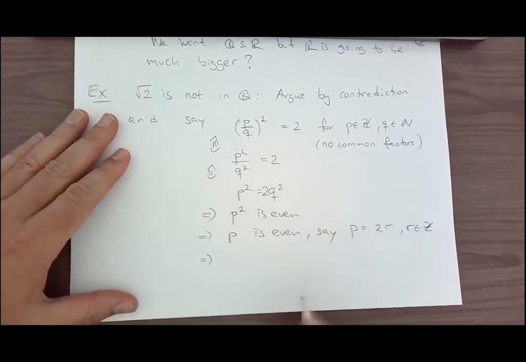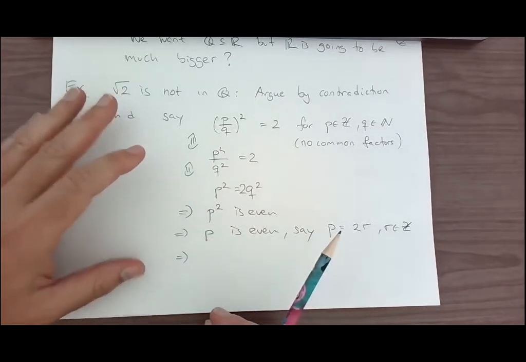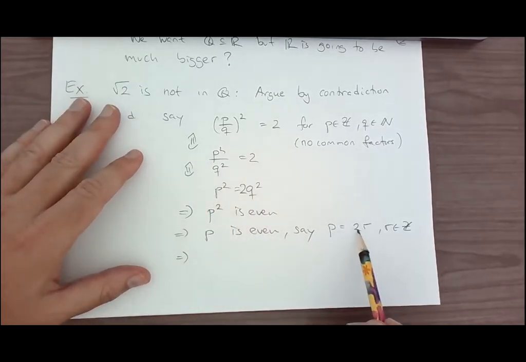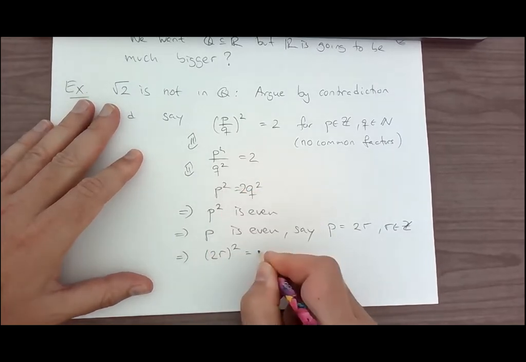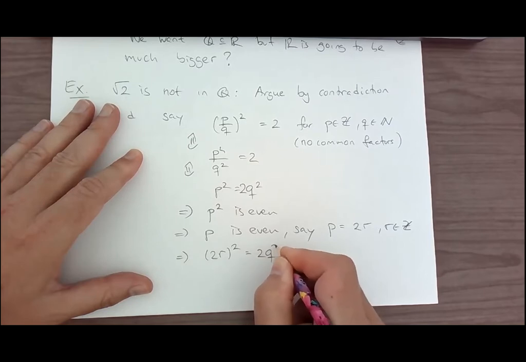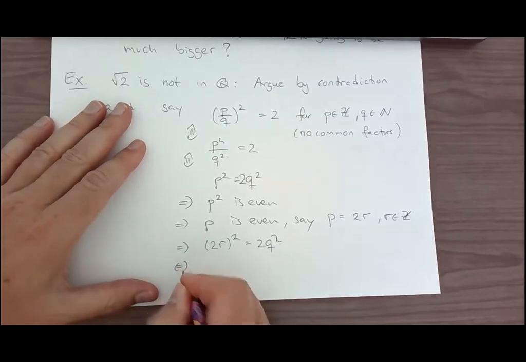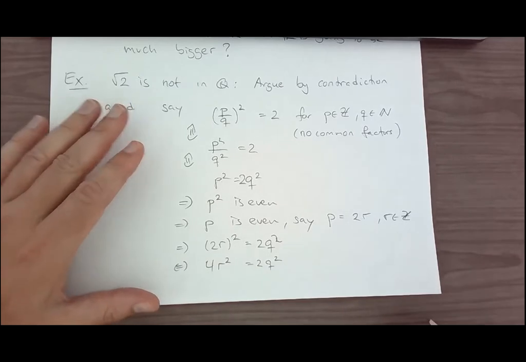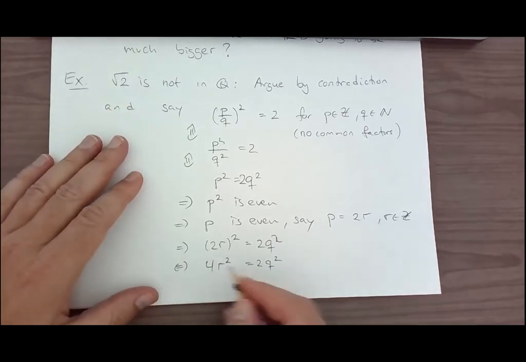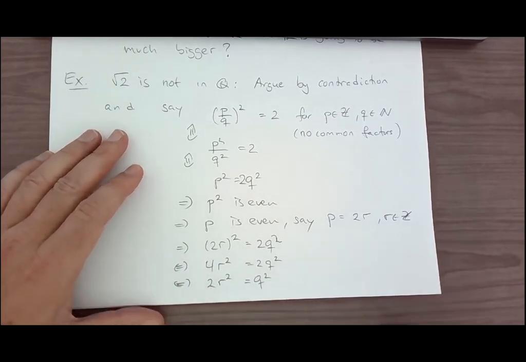If I want to continue these implications, I get from here, if I put in P, 2R squared is equal to 2Q squared. That's the same as 4R squared is 2Q squared. And then I divide through. I get that 2R squared is equal to Q squared.